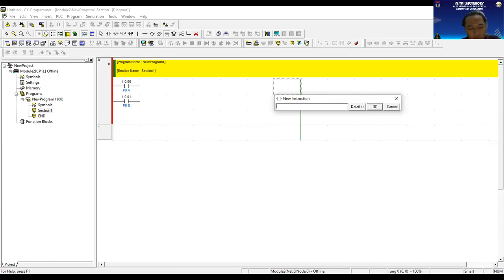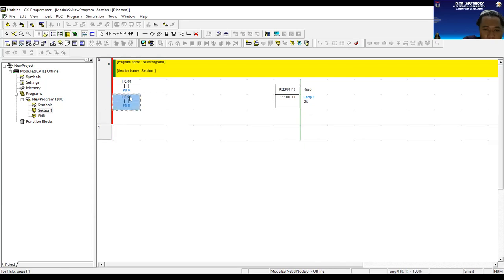Just type KEEP. What is the address? We use address 100.00.